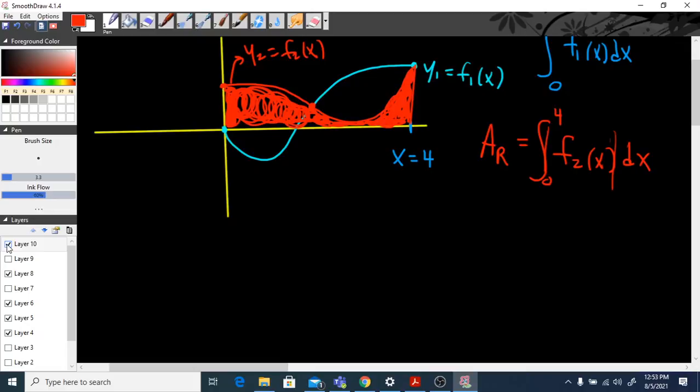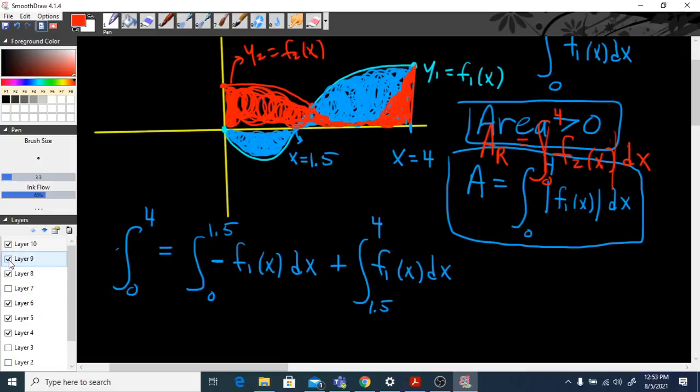Well, look at that. As we can see, there's some overlap here between these two.